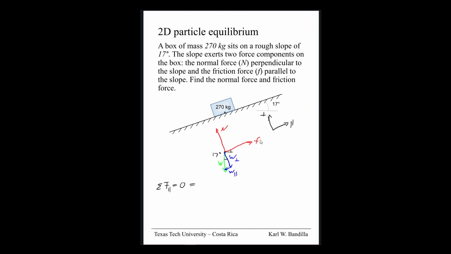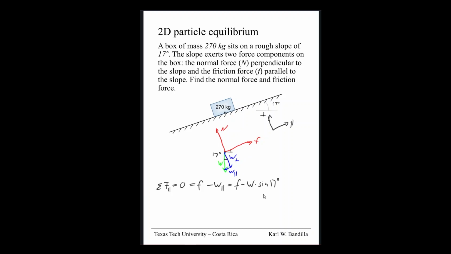Well, we have F. F is pointing in the positive direction of our coordinate system here, so it'll be positive F, and then our W parallel is pointing opposite of that, so it'll be minus W parallel. Well, what is W parallel? That's just going to be W times, this is the opposite leg, so W times sine of 17 degrees.